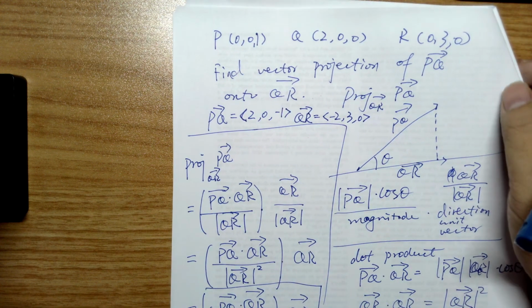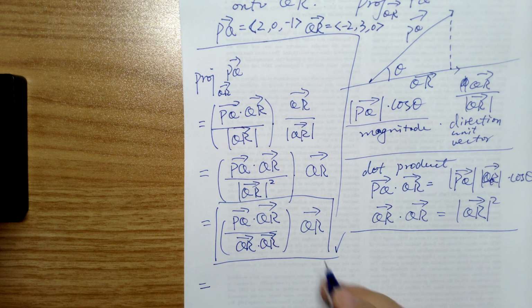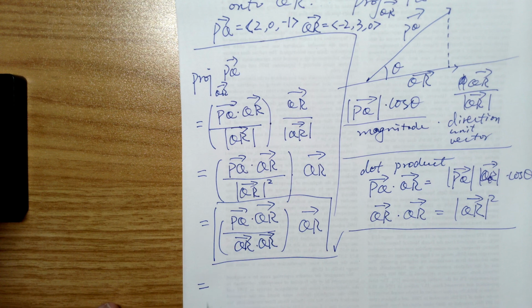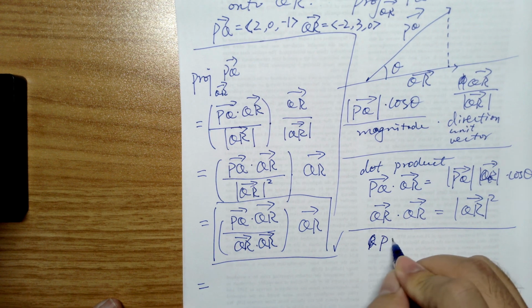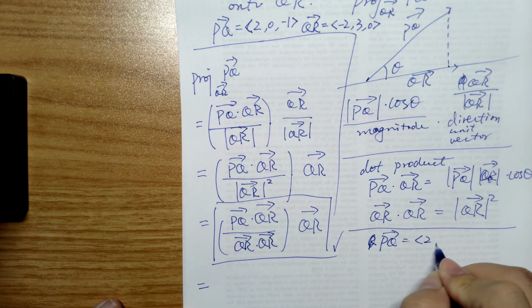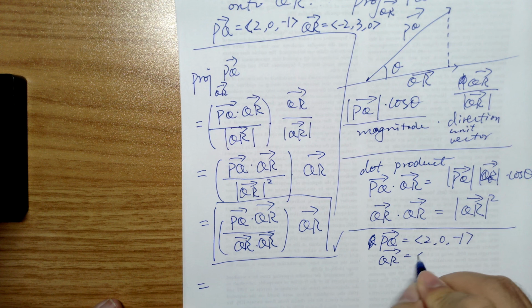With those two, we can do whatever we want. PQ dot QR: PQ is 2, 0, negative 1 and QR is negative 2, 3, 0.